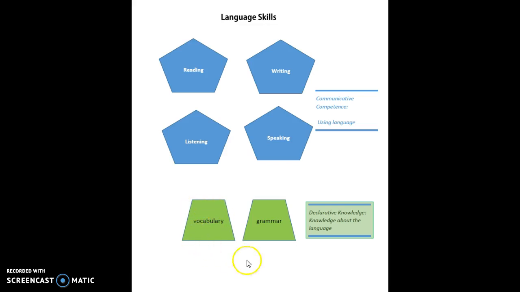You're just focusing on the learner's knowledge about the language. And an example of grammar would be, for instance, a verb conjugation, where you're not asking the learners to speak using verb forms, but just give the verb forms. That's assessing vocabulary and grammar in isolation.